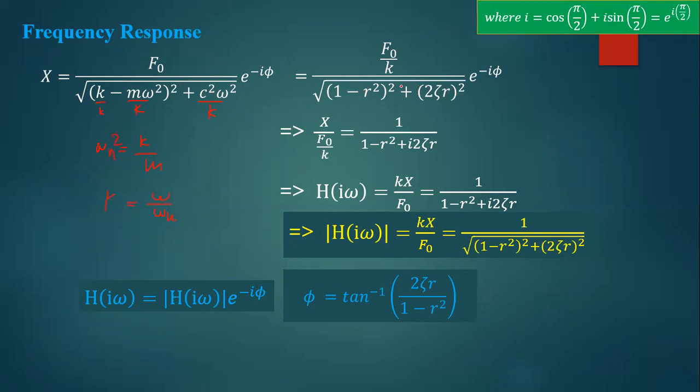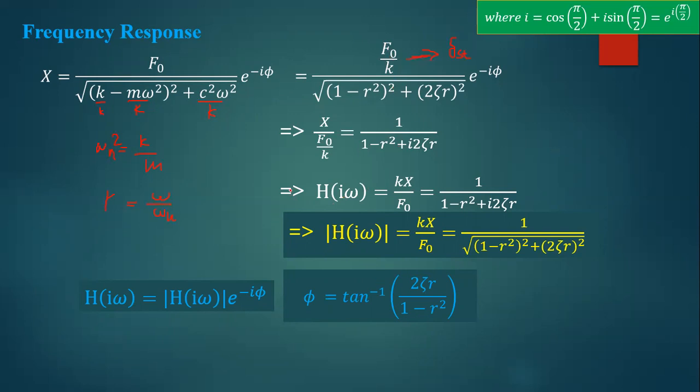So that's, and this f naught over k is also represented with the static deflection of the system, delta static. This also can be represented with delta st. So we can put it like this.